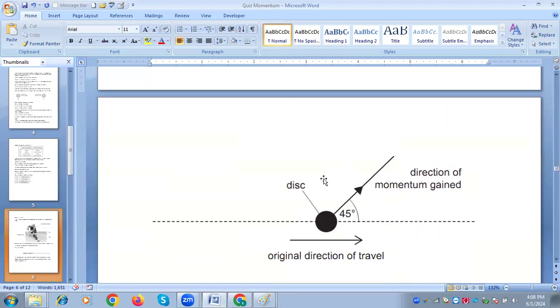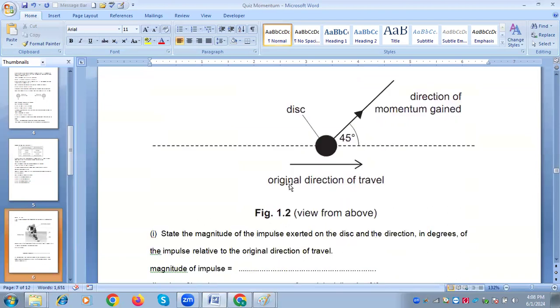Here you will have to draw the vector diagram, either by the head to tail rule or the parallelogram method. State the magnitude of the impulse exerted on the disc and the direction in degrees of the impulse relative to the original direction of travel.